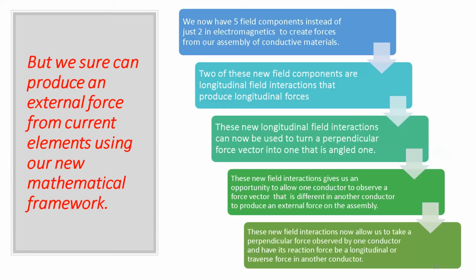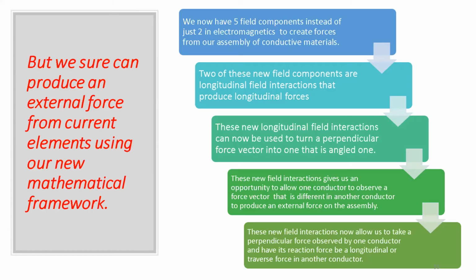With just electromagnetics, the cross product terms generate a vertical force, and electromagnetics doesn't allow a longitudinal one. Now you can get a material to generate a longitudinal force along with the vertical force, so you've turned that vector by an angle. And these new field interactions give us the opportunity to allow one conductor to observe a force vector that is different than another conductor to produce a total external force on an assembly.